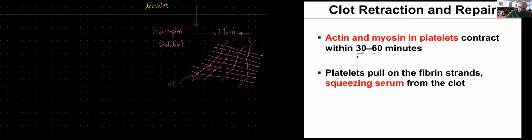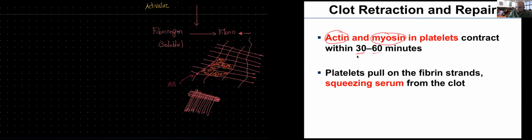Remember, located between those fibrin threads, I still have the platelets that were forming the platelet plug. And those platelets contain contractile myofilaments called actin and myosin, like the ones that you have in your muscle cells. If you remember, those platelets will start to contract, pulling those fibrin threads closer to one another.